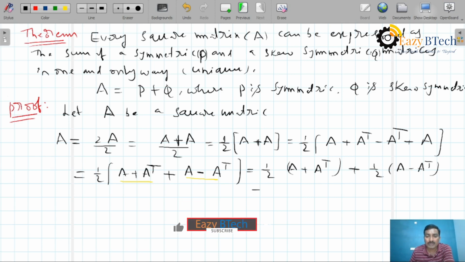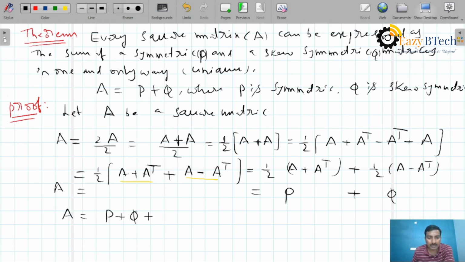I will denote the first matrix, 1 by 2 into A plus A transpose, by P, and the second matrix by Q. Therefore, A equals P plus Q where P equals 1 by 2 into A plus A transpose, and Q equals 1 by 2 into A minus A transpose.